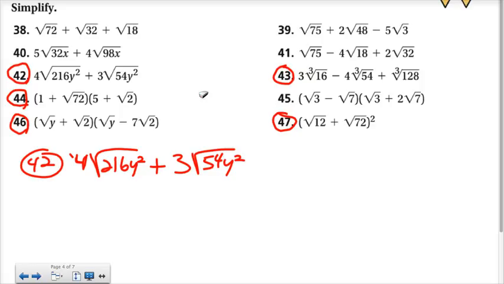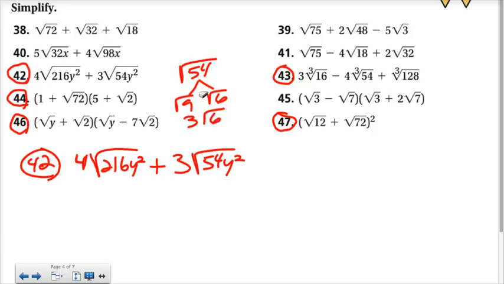Now, I talked in class yesterday about how when you don't know what that simplest similar radical is going to be, often what we'll try to do is go after the smallest one first to figure out what it could be in order to make this work, which means we're looking for that like radical. So with 54, I'm thinking about perfect squares, and that's the square root of 9 and the square root of 6, so that'll be 3 square roots of 6.